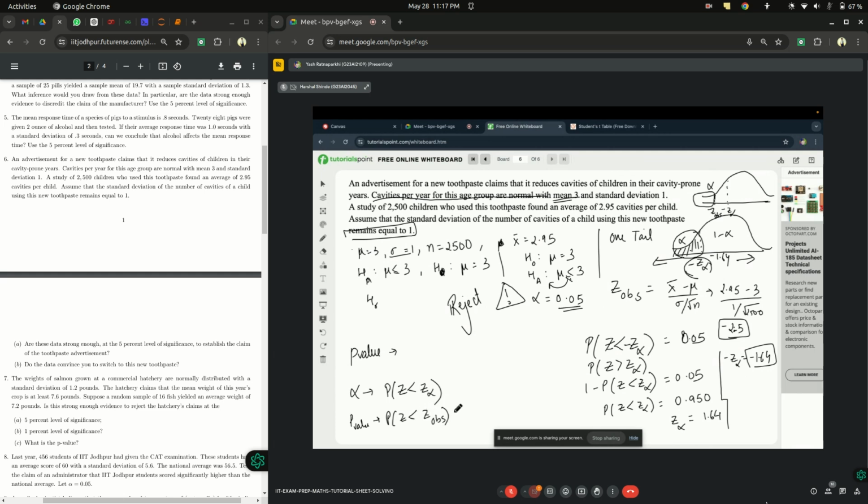And what is the probability of Z less than Z observed? Can you calculate it very quickly? Should it be 2p in the p value? It's a single tail, not two. Sorry, yes, double tail. What is my Z observed? I calculated it as minus 2.5. Can you tell me the value of Z less than minus 2.5?